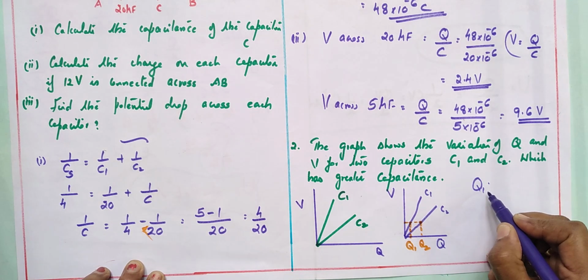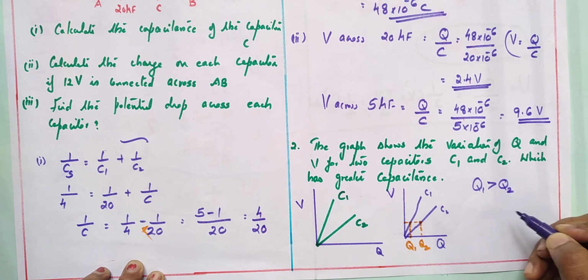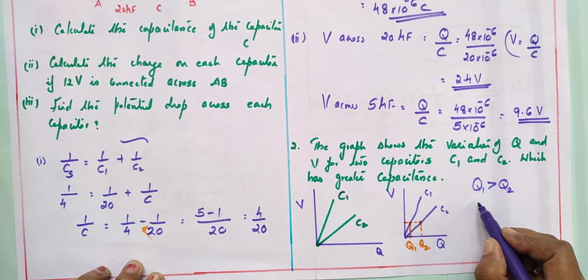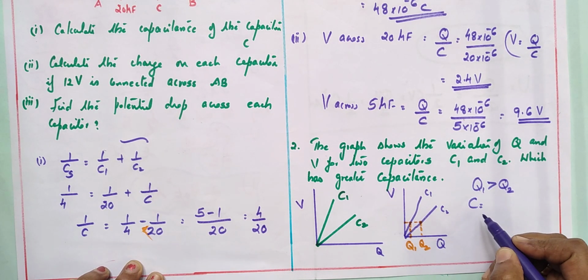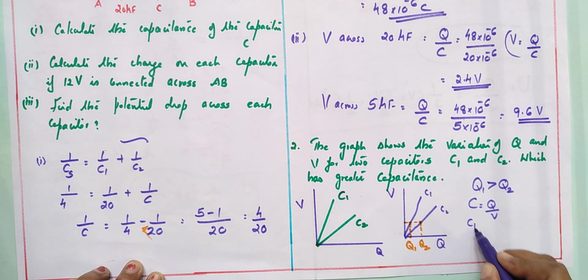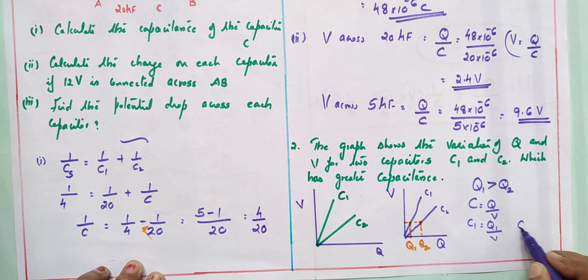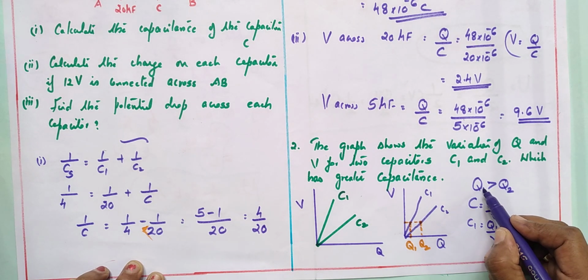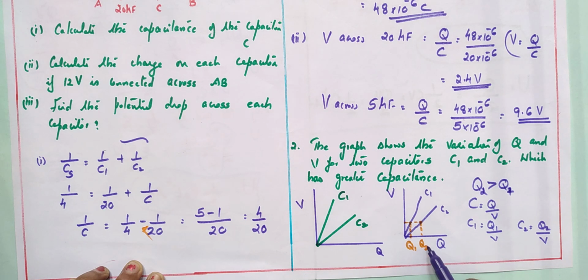We have the formula for capacitance, C equals Q by V. So C1 can be written as Q1 divided by V, and C2 can be written as Q2 divided by V. Q2 is towards the right side, which means charge increases along the x-axis, so Q2 is greater than Q1.